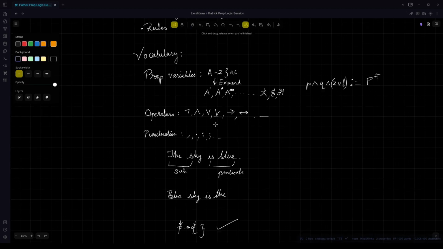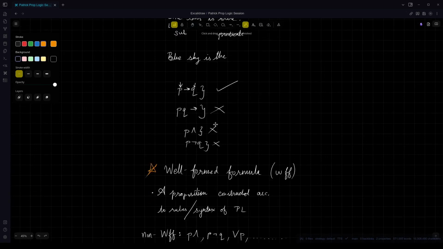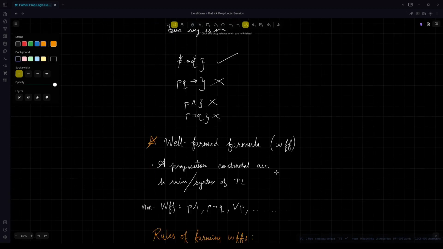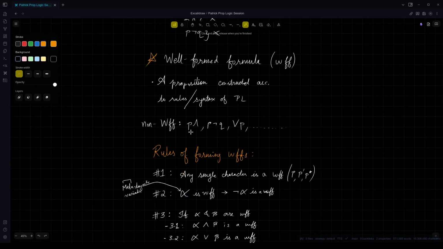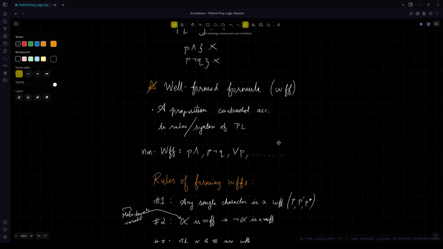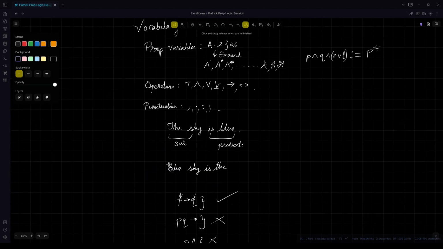A well-formed formula is simply a proposition that is constructed according to the rules or the syntax of propositional logic. So, for example, these like P and, or P not Q, or P are all not well-formed formulas. Similar to how in the English language "blue sky" is not a correct statement, but "the sky is blue" is a correct statement.